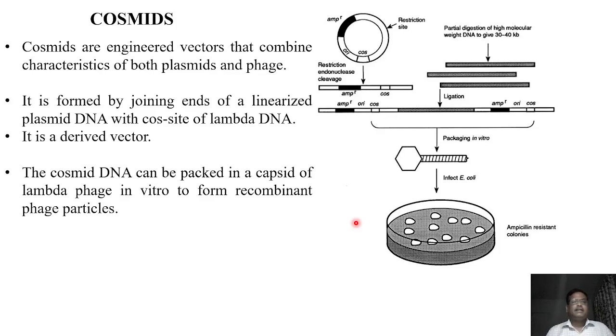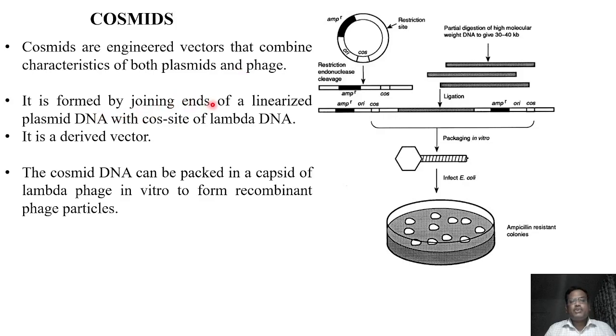Next, another type of gene vector which is being used is cosmids. Cosmids are engineered vectors that combine characteristics of both plasmid and phage. You can consider it as a hybrid between a plasmid and a phage.